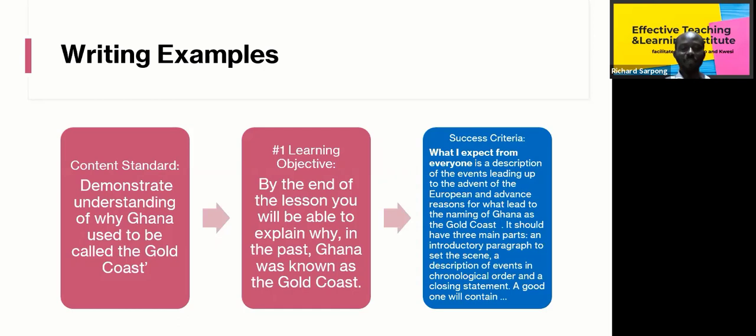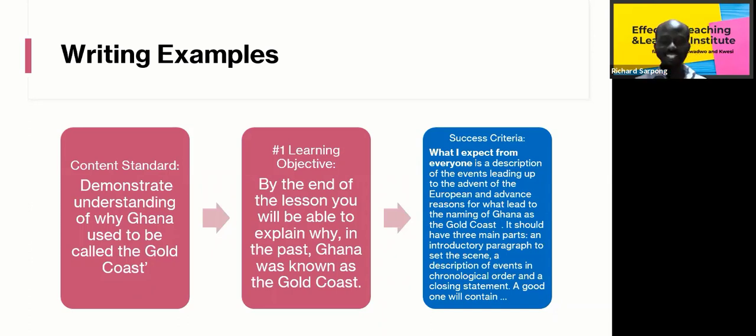History says that what they found in Ivory Coast was ivory, so they called it Ivory Coast. So you can clearly tell the student what you want. A good answer will contain this or that, so that this serves as a clear guide.